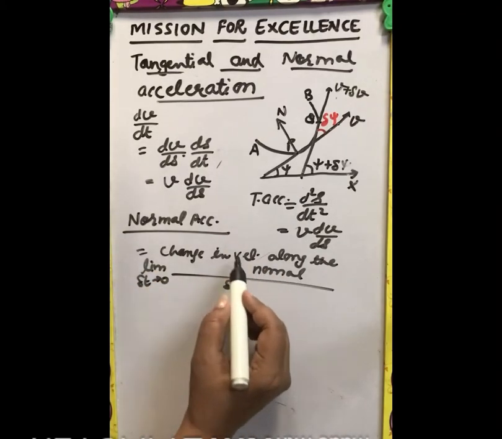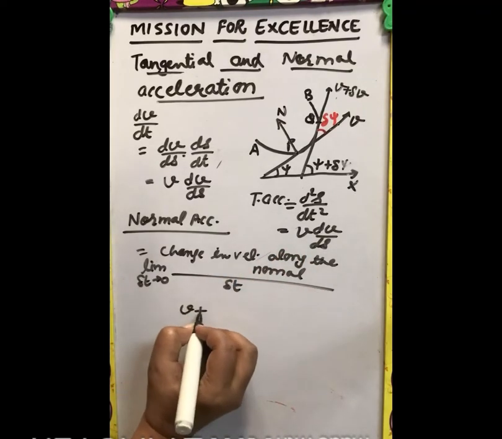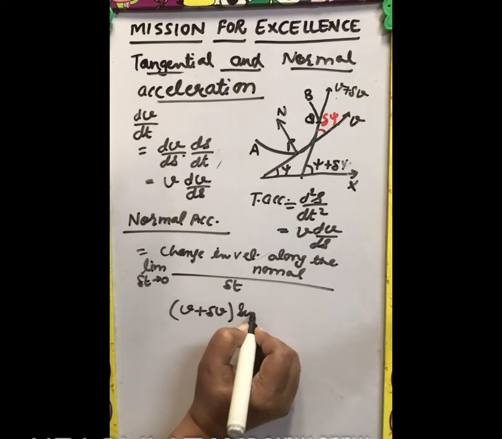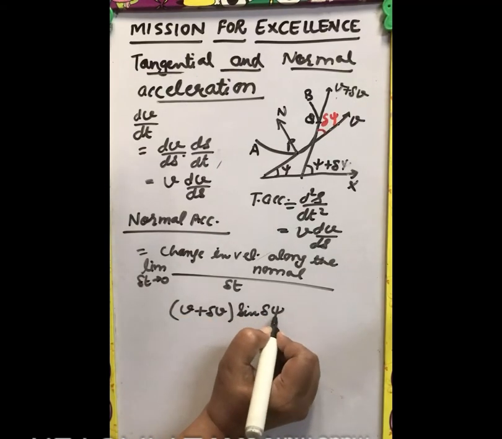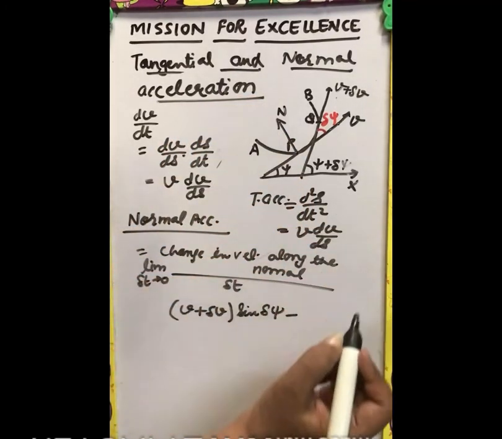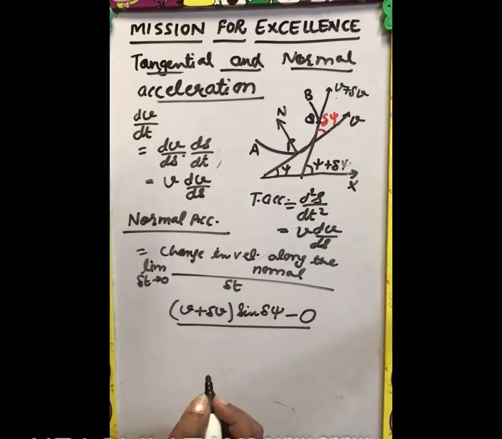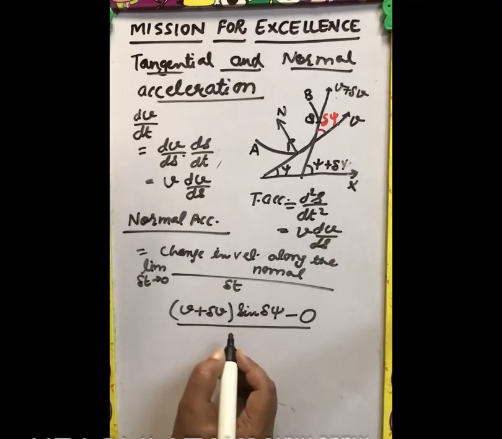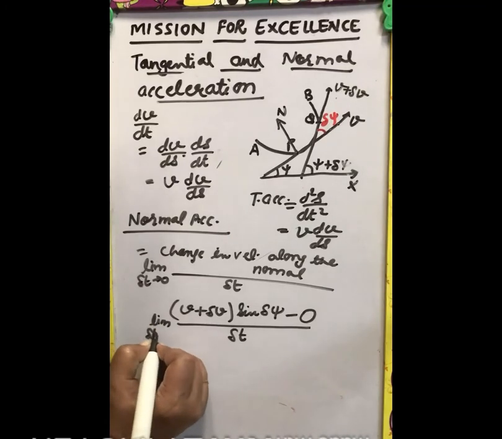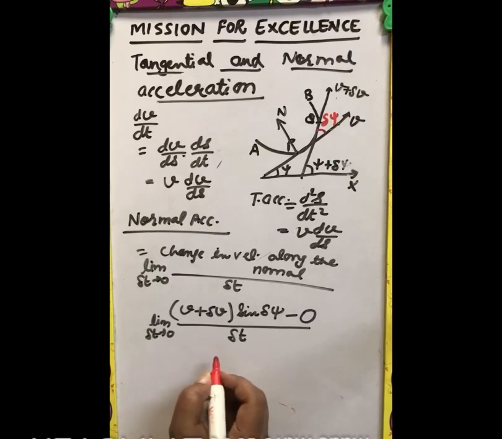Now the change in velocity, as in the previous case, we take (v plus delta v) sine delta psi, minus the initial component. We have proved earlier that there is no normal velocity, so we take here 0, limit delta t tends to 0.